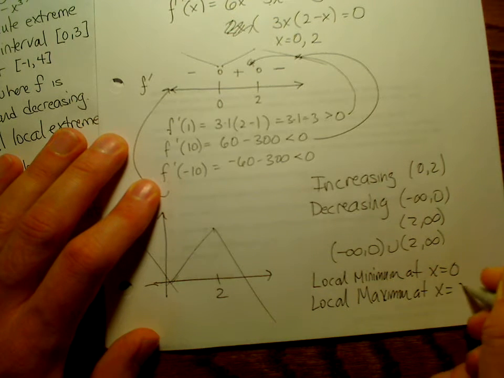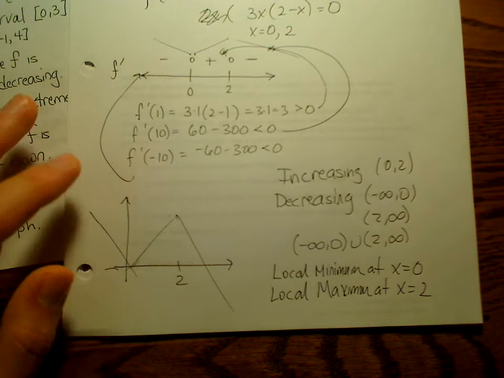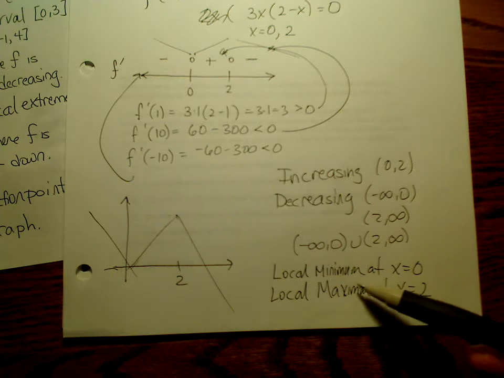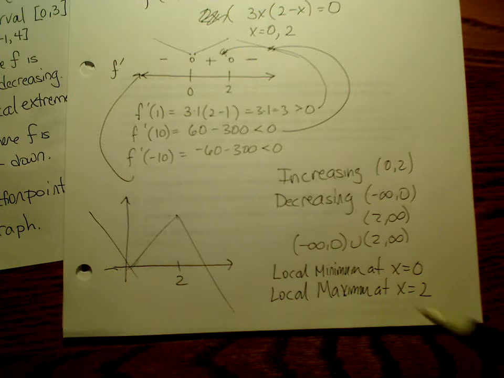at x equals 2. Now this is one of those things, how you answer a question like this varies depending on the book that you're using, who is asking your question, and instructor preference. For Stewart, they tend to ask for the x values for local minimum and the x values for local maximum, and not so much the actual value of the function itself. They only want the address, not the actual height.